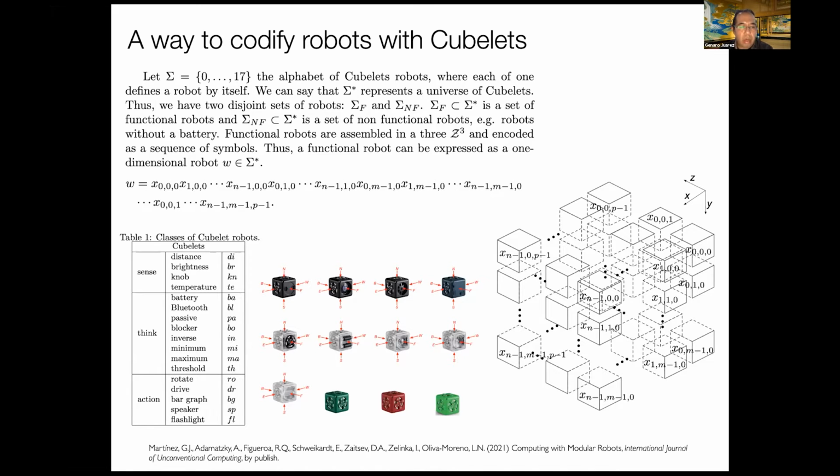And finally, we have the set of action blocks. They introduce the mobility, the dynamics in these robots. They are the rotate actions, the drive, the bar graph, speaker, and flashlight. So this notation is useful to codify and construct specific robots that we can reconstruct easily.